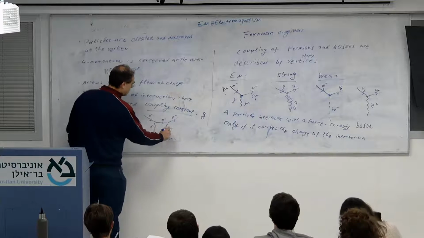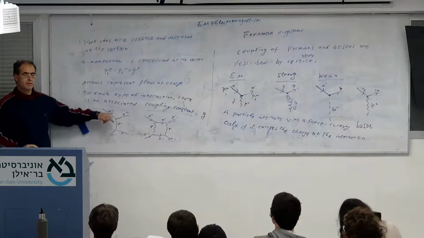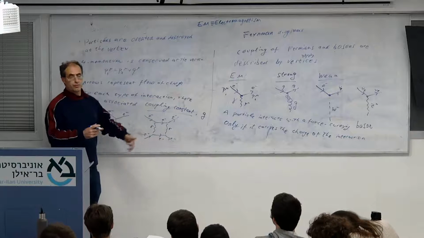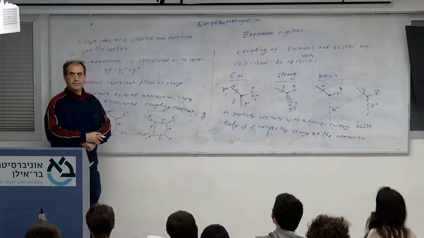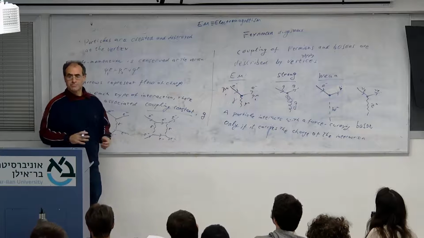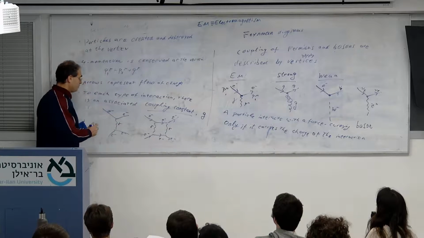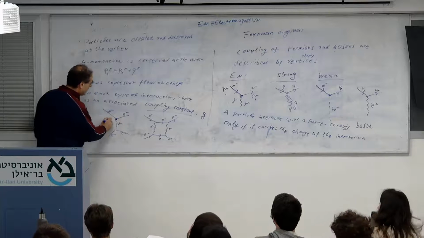Here there is an exchange of one photon between the particles. Here there is an exchange of two photons. Exchange of 3 photons, 4 photons, a million photons. It's virtual, infinitely. But here comes the trick. There is a coupling here. Coupling here is G.